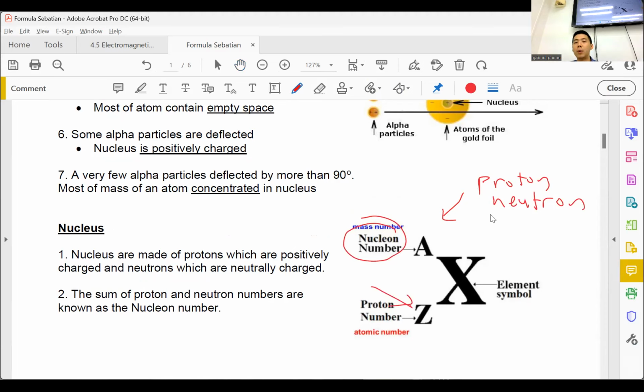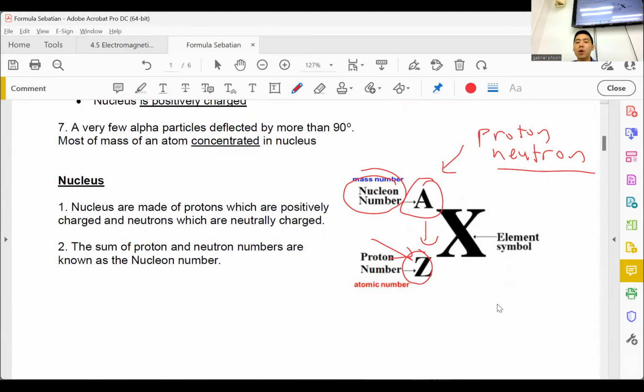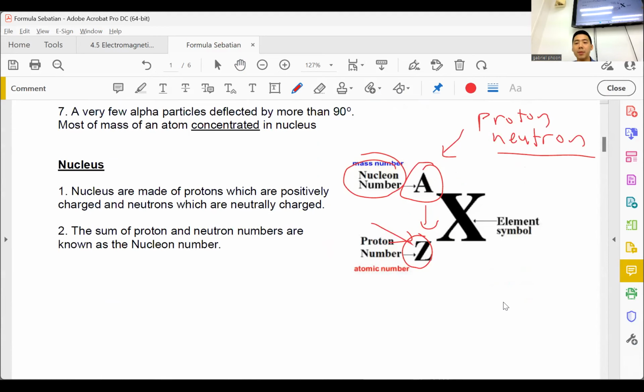Okay, so in other words, if I want to get the neutron number, I can just take this number minus this number. For example, let's say today I have some random element. I'm not very good with chemistry, so I don't actually remember the element symbols. But let's say today I have carbon, okay, carbon 16, 7. I don't think this is the correct number, but it doesn't matter. This is not chemistry, right?